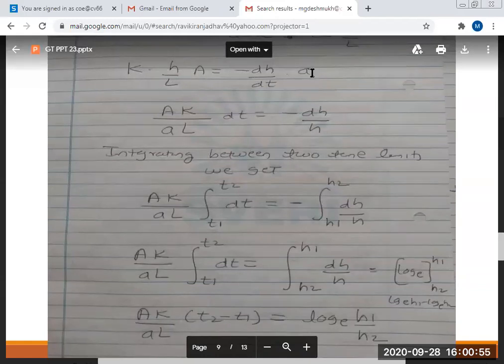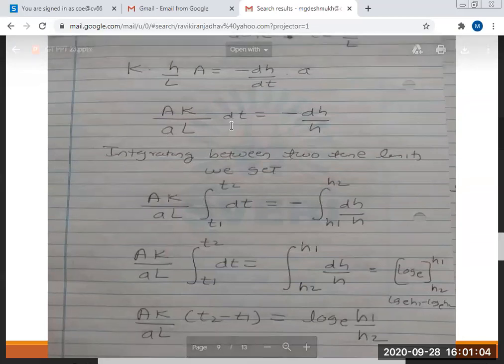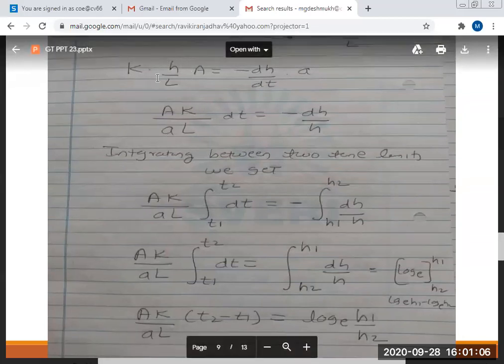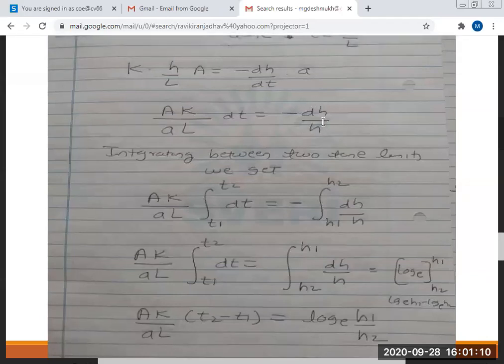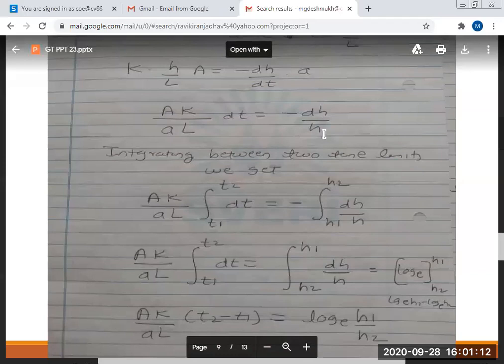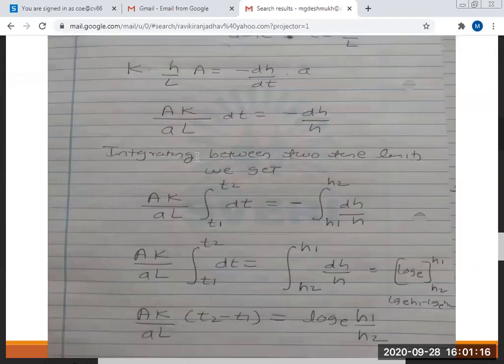अब क्या करो? dt जो डिनोमिनेटर में है इसको लेफ्ट हैंड साइड में लाओ. So this becomes, ये K और ये स्मॉल a, ये डिनोमिनेटर में लाओ, aL into dt. और ये जो स्मॉल h है ये h का फंक्शन है, उसको राइट हैंड साइड में लाओ. तो minus dh by h, और ये सारा बनता है AKaL... dt.